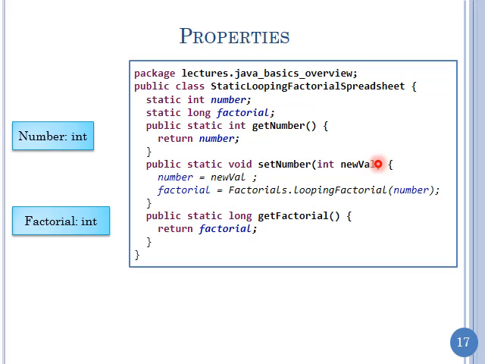Okay? If these properties can be derived by purely looking at the method headers, does it really matter that there was a number and factorial variable in the class? To the user, no. So my getter and setter should not be defined as something accessing a variable or setting a variable.